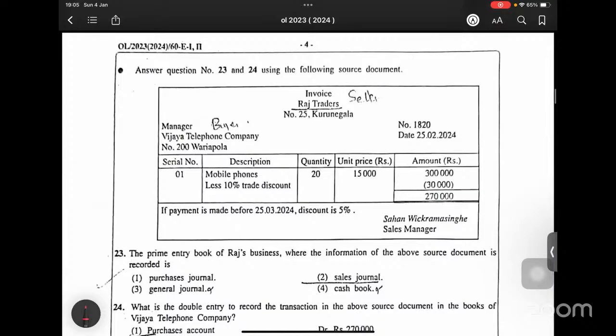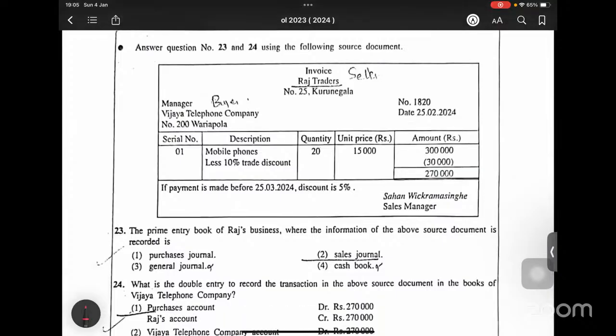Answer questions number 23 and 24 using the following source document. What is this source document called? Sales journal? No, it's not a sales journal.